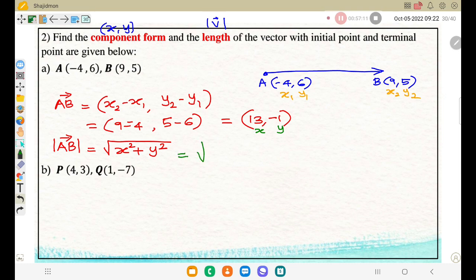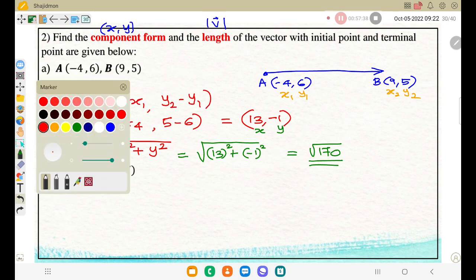So the root of 13 squared plus minus 1 to the power 2. 13 to the power 2 is 169, and 169 plus 1 gives the root of 170, whatever the number.